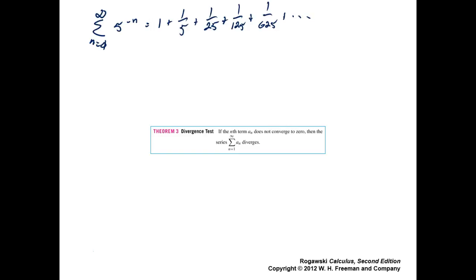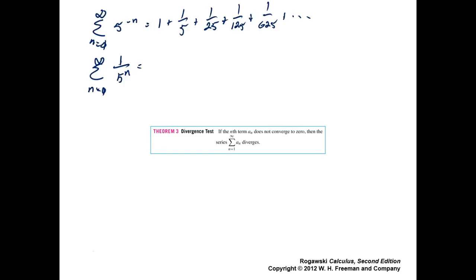Now, looking at it that way, it looks like a pretty good chance of it converging, wouldn't you say? Because the other way to express this is the summation n equals 0 to infinity of 1 over 5 to the n. Well, what is that? That is a geometric series, isn't it?